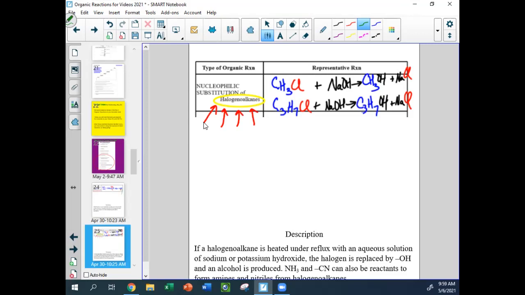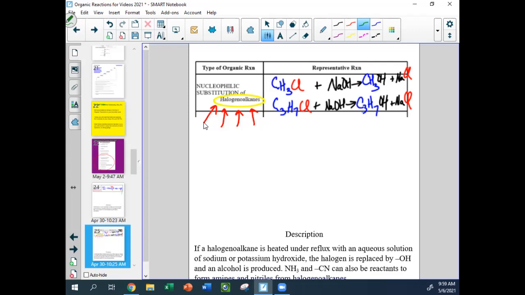I also clarify for you that you're going to see 3 types of substitution reactions as we look at organic reactions. On your purple card, number 2 is alkane substitution. That's where the reactant is going to be saturated, only single bonds and only hydrogen and carbon, an alkane substitution.